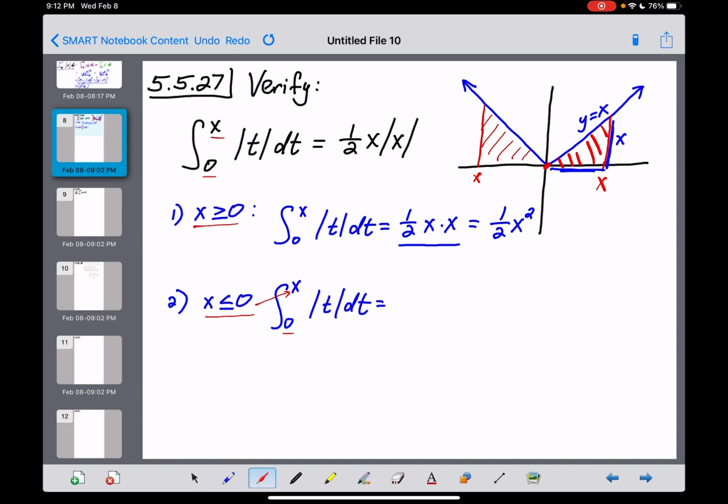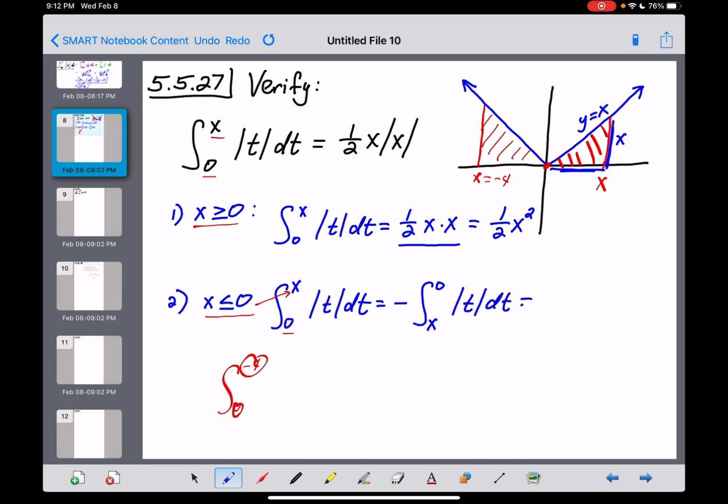Like, for example, if x were -4, we'd be looking at an integral from 0 to -4, and that's not the way we like it. We like it better with the larger number on top and the smaller number on bottom. So what would we do? I would change that to the opposite, the integral from x on the bottom to 0 on the top of the absolute value of t dt.